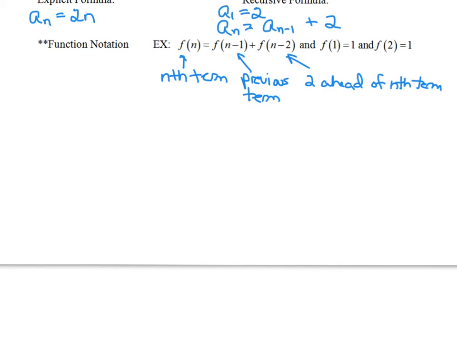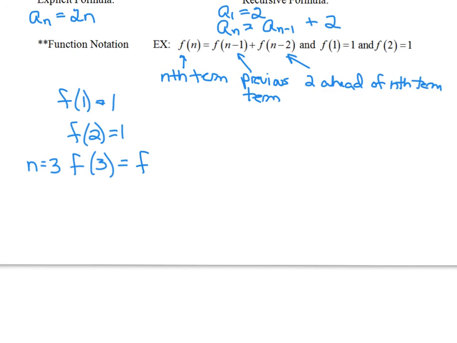So for this sequence, I've already got that f of 1 is equal to 1. And I see that f of 2 is also equal to 1. So if I want to find f of 3, that means that right now n is equal to 3. So in order to find f of 3, using this formula, which happens to be a recursive formula, I'm going to put 3 in for n.